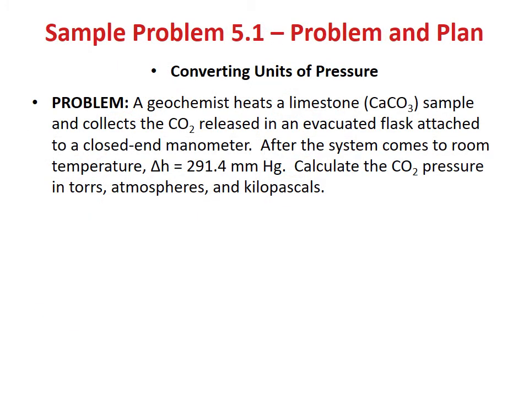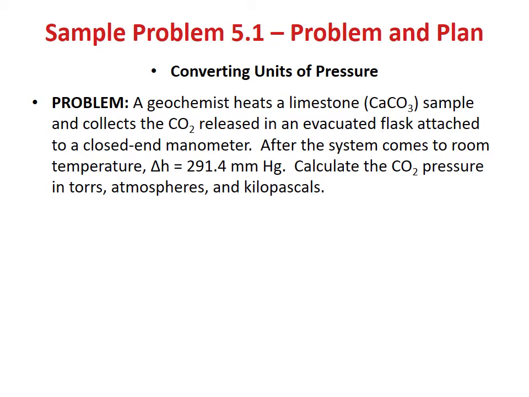Sample problem 5.1. A geochemist heats a limestone sample and collects the CO2 released in an evacuated flask attached to a closed-end manometer. After the system comes to room temperature, delta H is 291.4 mm mercury height.